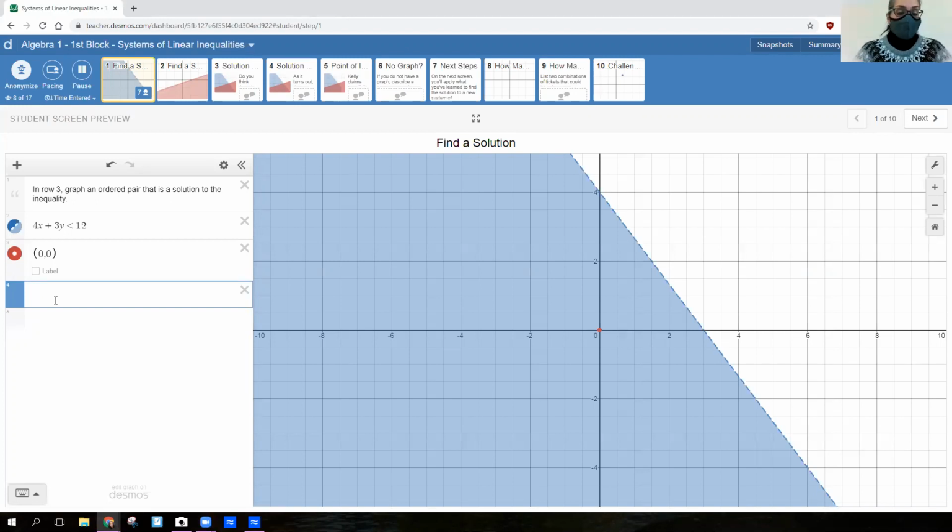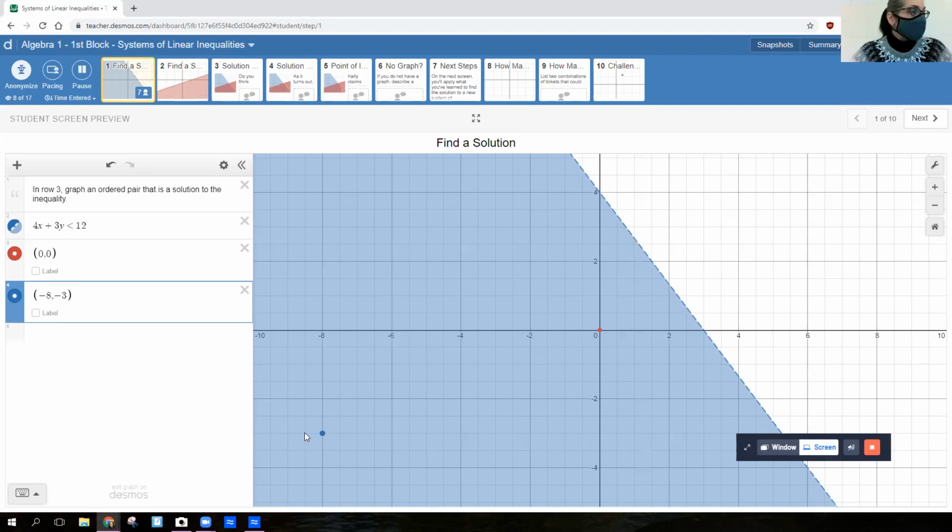So I could choose another point and maybe like -8, -3. And that one's way over here. That's deep into the blue section. That would also be a solution to this inequality. There's tons of them, all the points that you could possibly think of in this area.